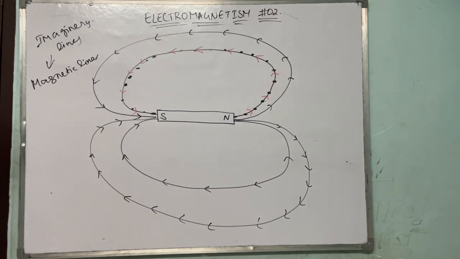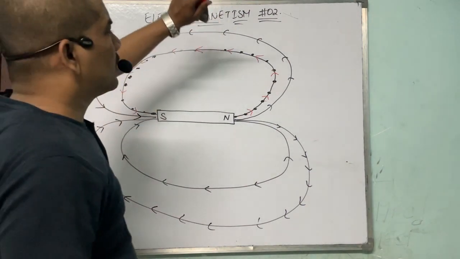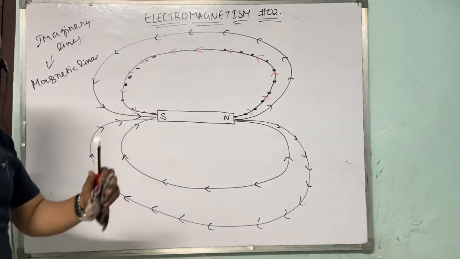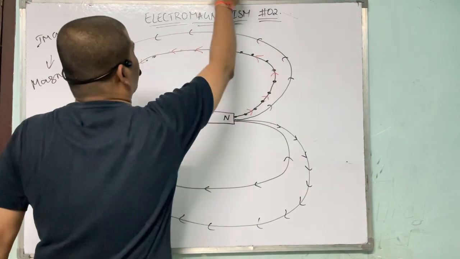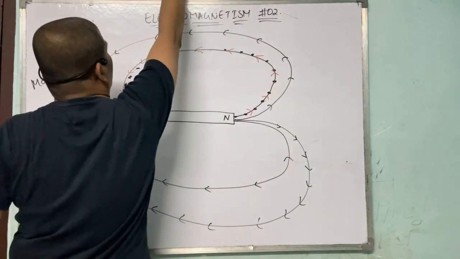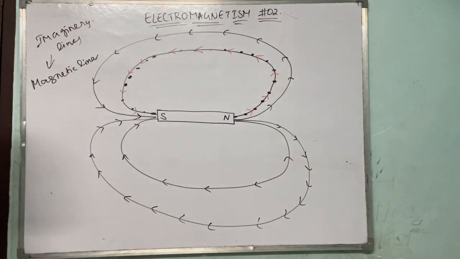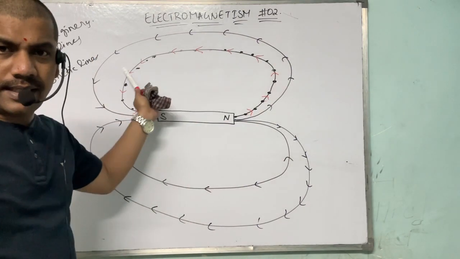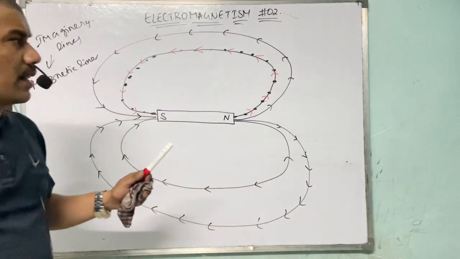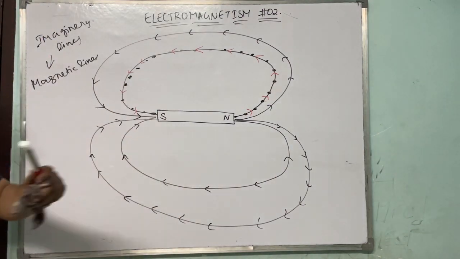Clear with this? And you keep on doing in such a way that at some point what happens, suppose you keep the magnetic compass here, suppose above the board, the needle won't move. Here the needle is moving, right? The needle direction is changing because the needle is within the field of the magnet.